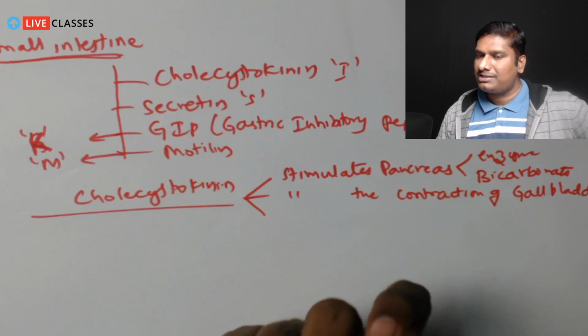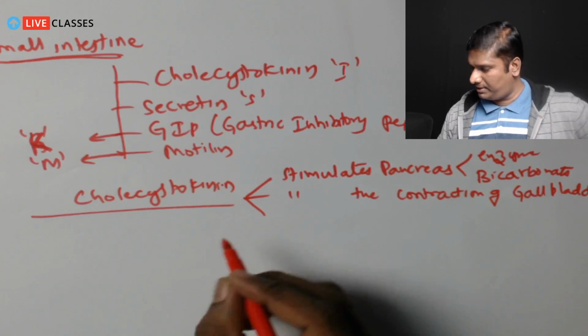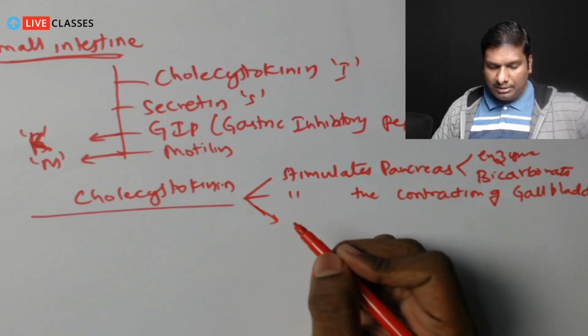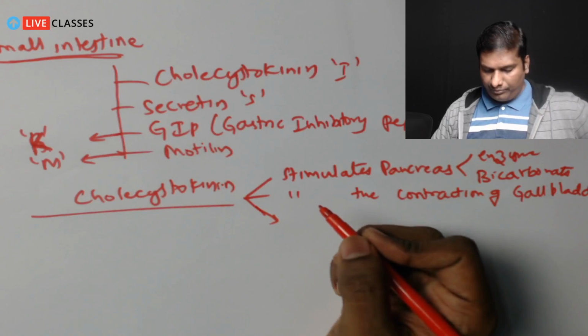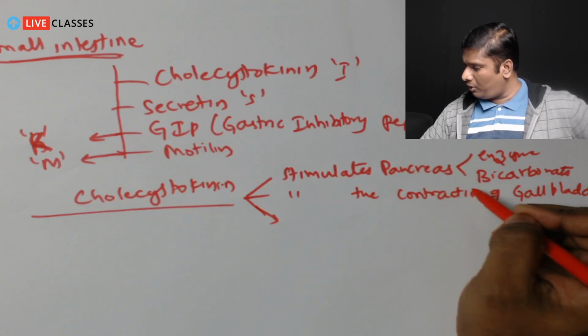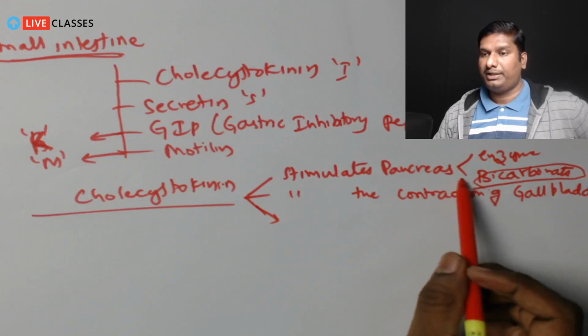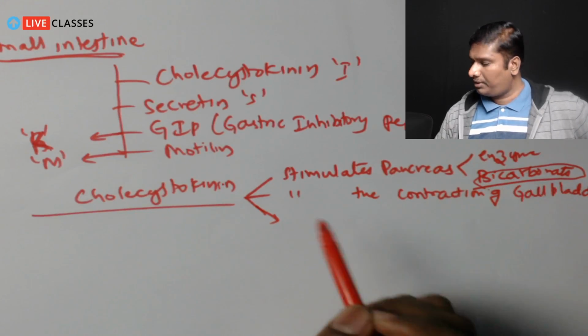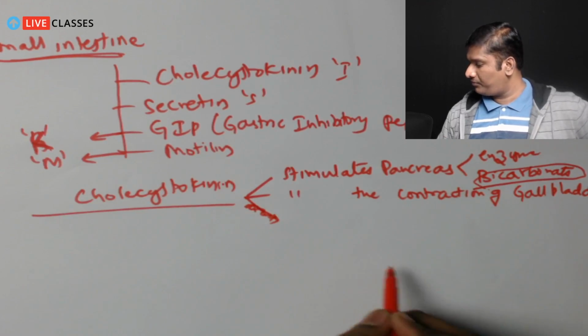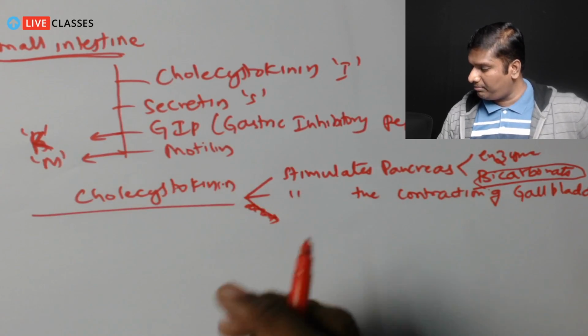That contraction is also stimulated by the cholecystokinin. In addition to the enzyme, it also stimulates the production of bicarbonates. So these are the 3 things which are done by the cholecystokinin.